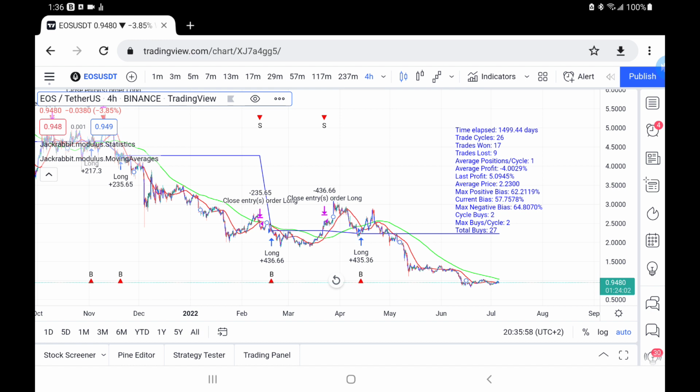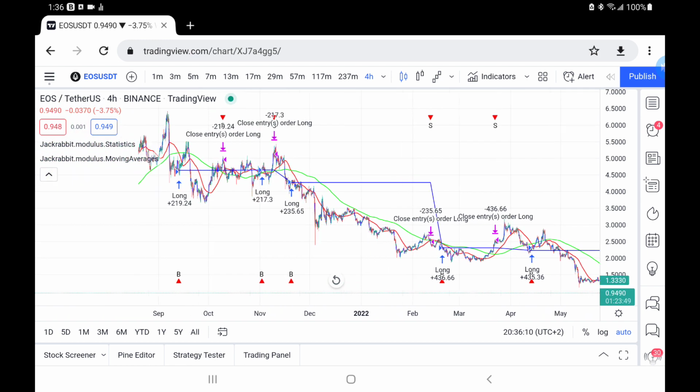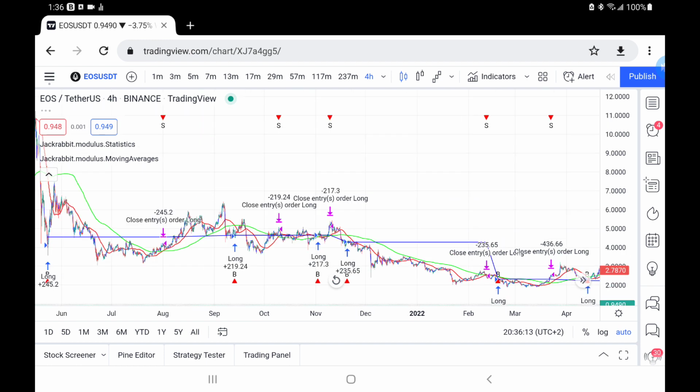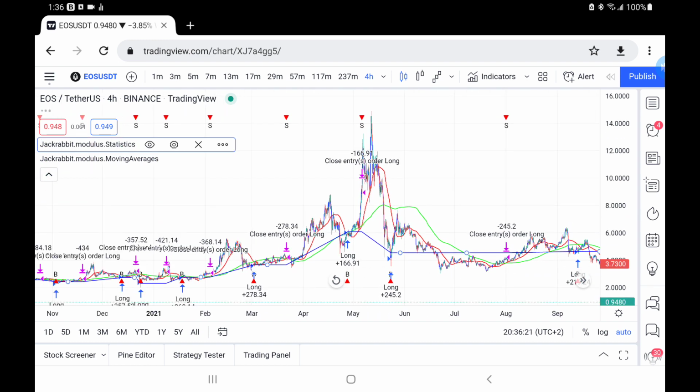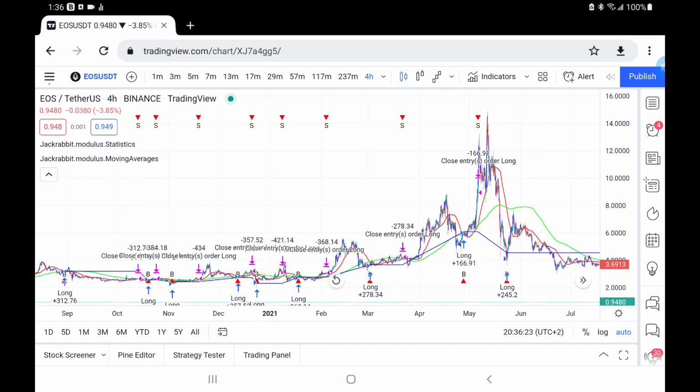It's about catching the big moves to compensate for all of the little losses that are commonly called whipsaw. And that really is the whole point and purpose of trend trading, to catch the big moves, to catch the big upward spikes.